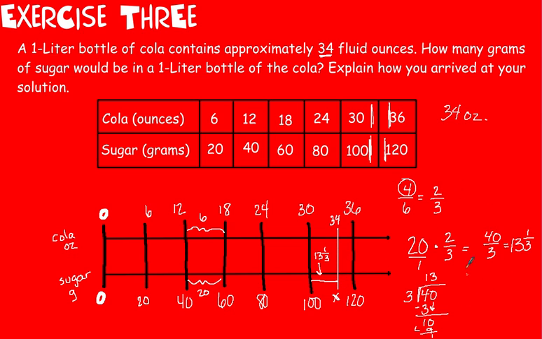And I know that 100, so if I take my 100 that I started at and I add 13 and 1/3, I get 113 and 1/3. So I know that in 34 ounces of cola, there are 113 and 1/3 grams of sugar.